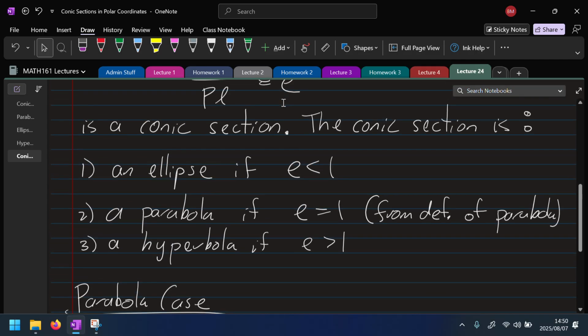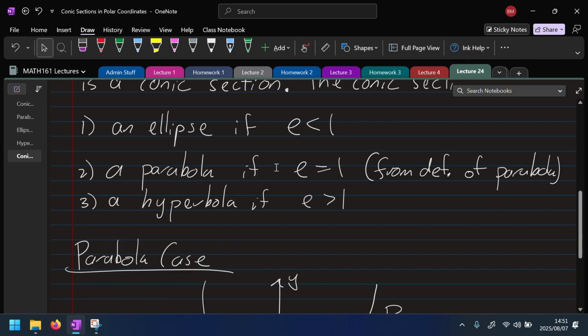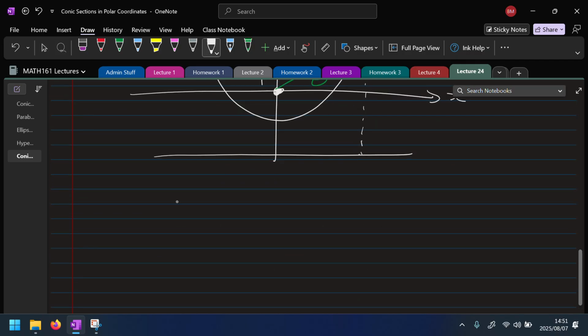So what we want to do is start off with this equation here, and then end up with the polar form for this. So we need PF over PL is equal to e. Right, so for the parabola, this would be 1, but we're going to leave it like this for now, and then later we'll change it.